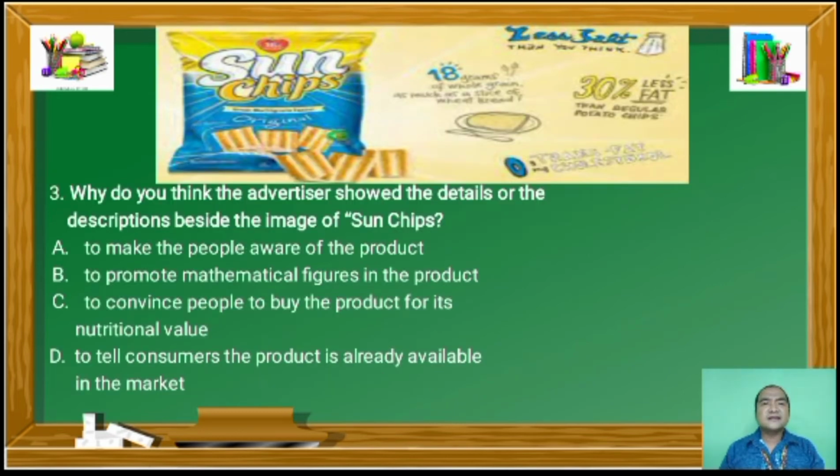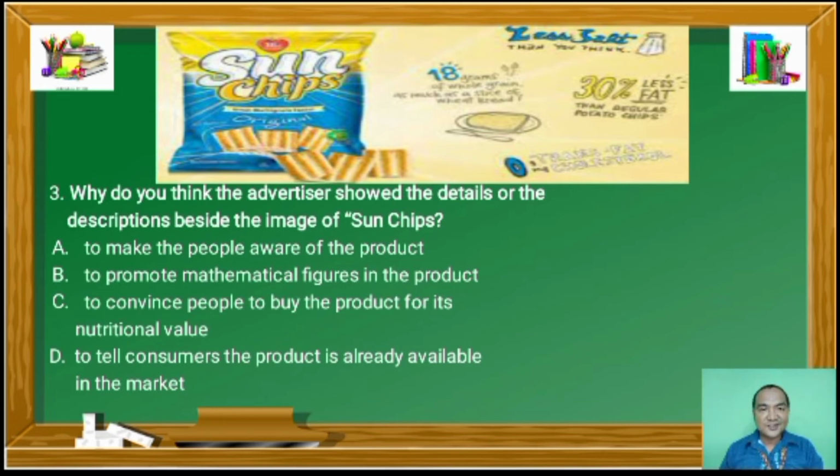Why do you think the advertiser showed the details or the descriptions beside the image of Sun Chips? Letter A. To make the people aware of the product. Letter B. To promote mathematical figures in the product. Letter C. To convince people to buy the product for its nutritional value. Letter D. To tell consumers the product is already available in the market.